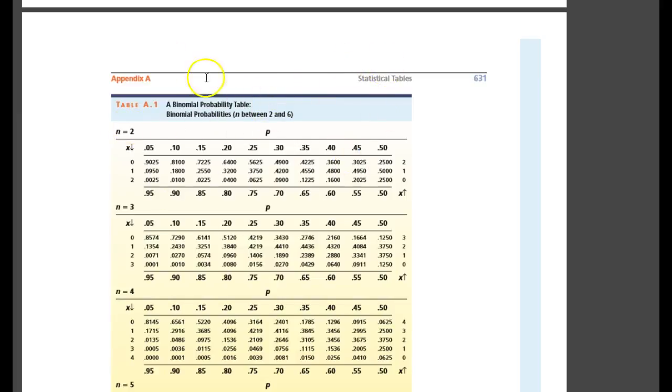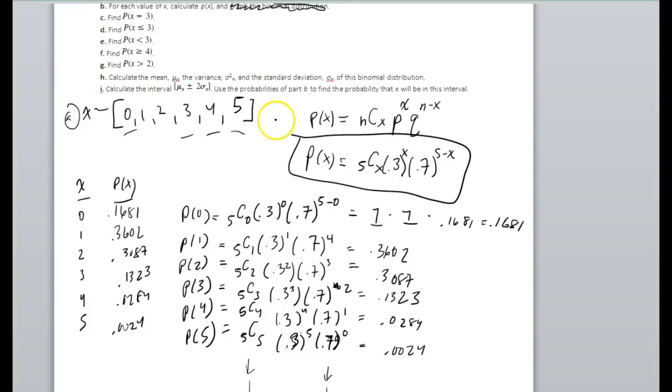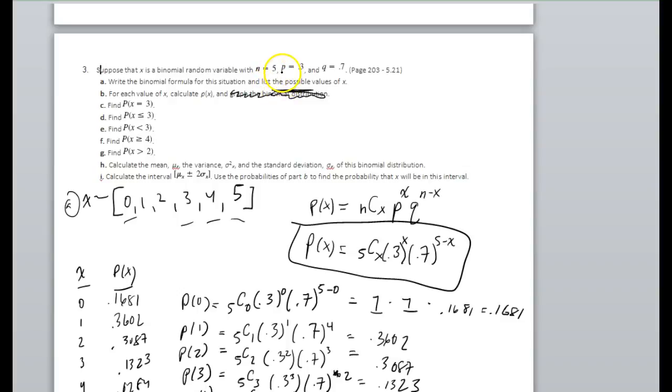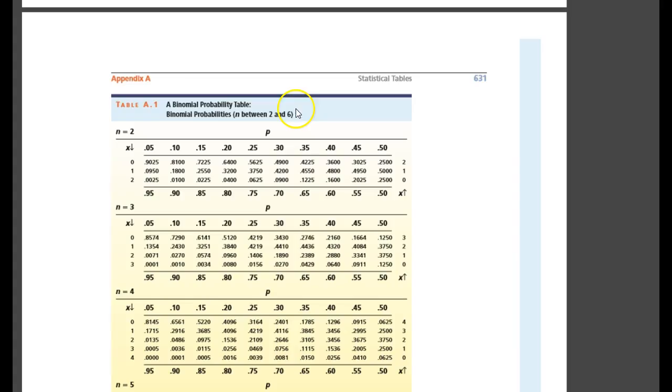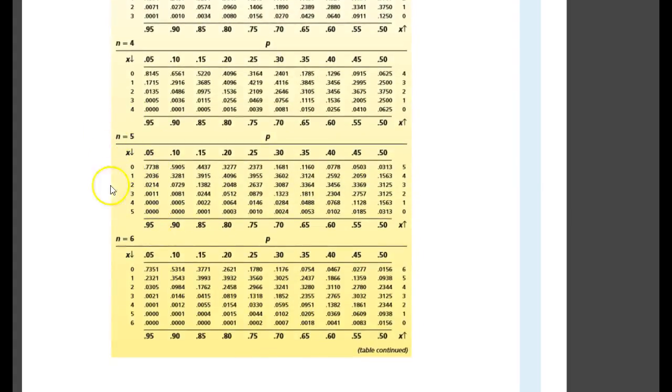So first thing that we want to look for is what our n value is. Back on the other worksheet, we had n equal to 5, right? So there's n trials. So there's 5 trials in this case. So we look over here and we find n equal to 5. Okay? So boom, right there. Then we want to find, well, what is the p-value that we're using?